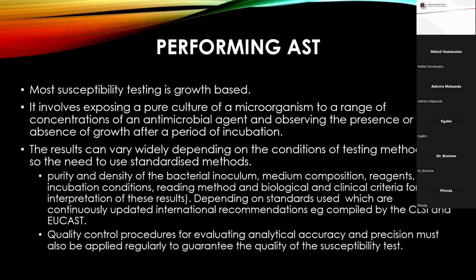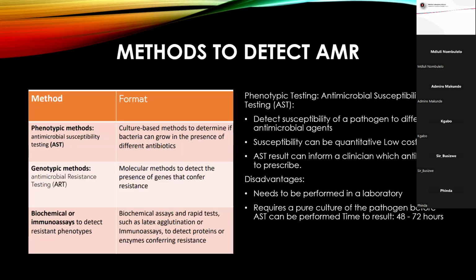So the methods which are used for AMR can be classified as phenotypic, as I said, demonstrated by culture. Phenotypic is something which can be expressed or which you can see.